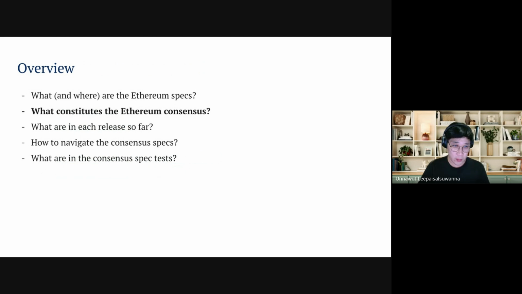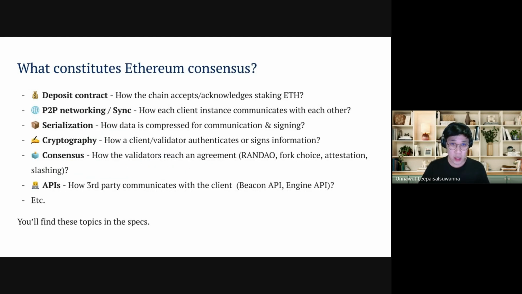The second thing I want to talk about is what constitutes the Ethereum consensus. When we talk about the consensus layer, there are different components and topics. Just to highlight a few, Ethereum consensus consists of the deposit contract. That's how the chain accepts or acknowledges the staked ETH coming to the consensus. There's P2P networking, basically how client instances communicate with each other.